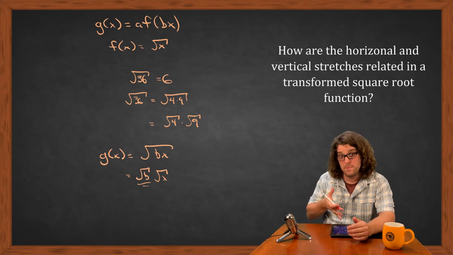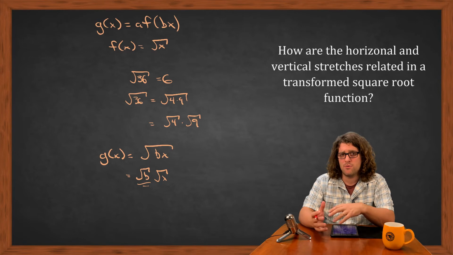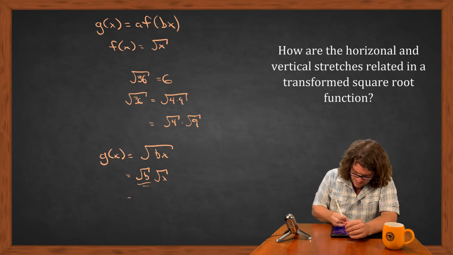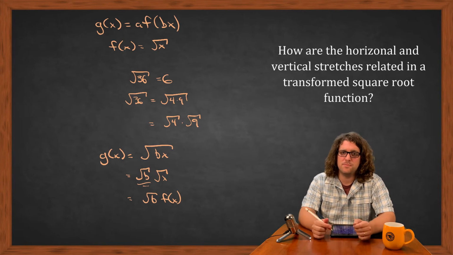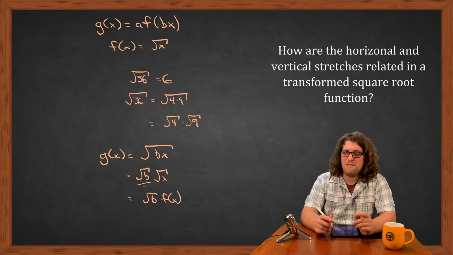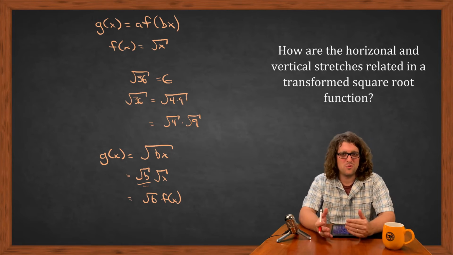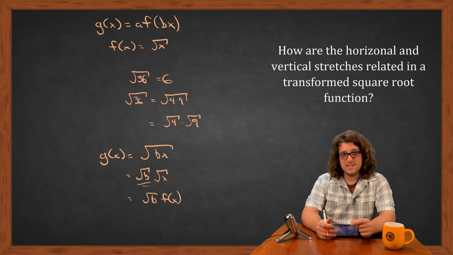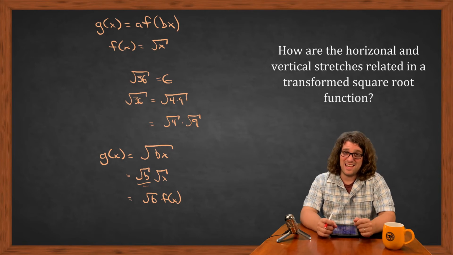I know it's a b the way that I have it written, but it's out in front of the square root of x, and the square root of x is kind of like our base function, f. So this is equal to the square root of b times f of x. So that root b is in the a position, which means that having 1 over b as the horizontal stretch factor is the same as if I had selected the square root of b as the a value.